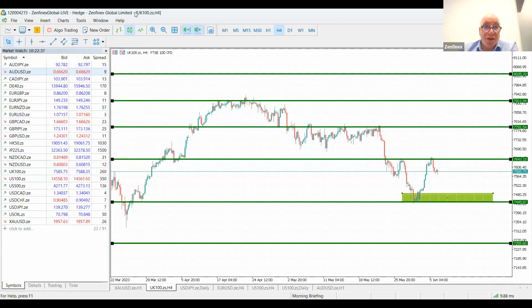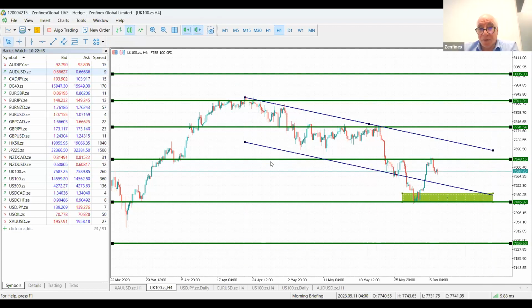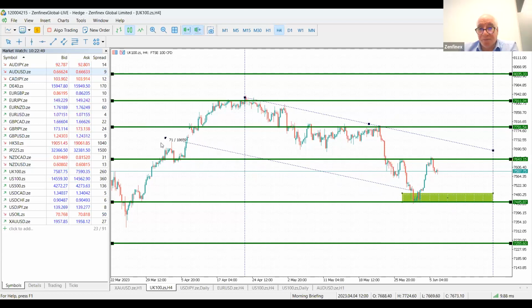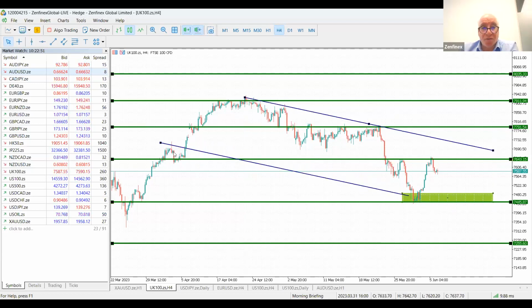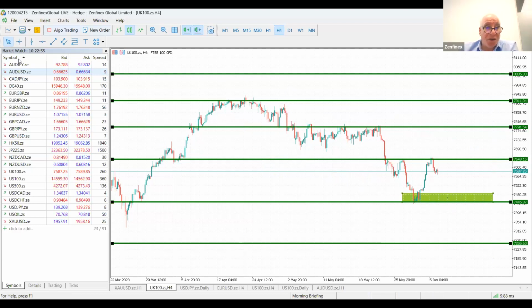The overall trend is clearly down. So let's see if we can draw a channel to see if there's any levels that can be drawn with the channel that might help us. Yeah, not really. So I'm going to remove the channel. All we've really got is a consolidation level here.